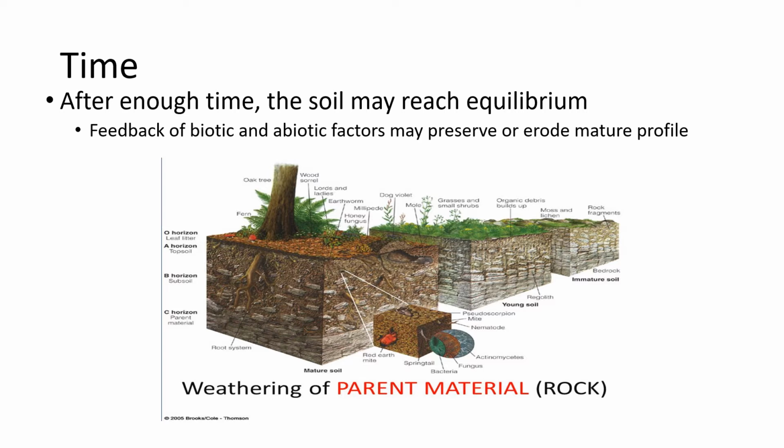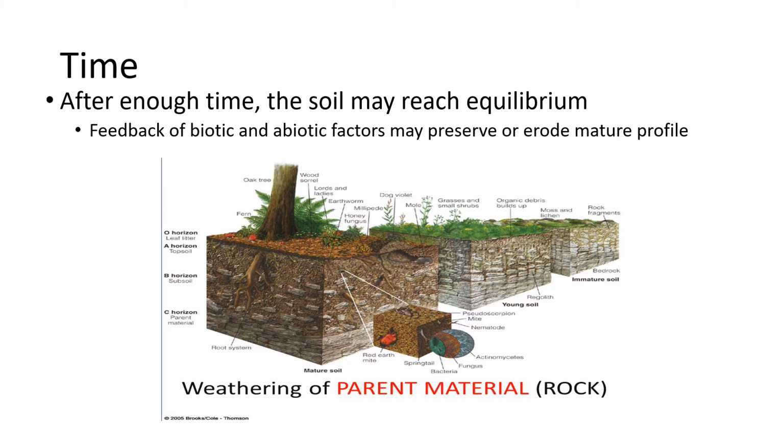And so if you look at this picture, this diagram here, in the very far back, you have this immature soil with the bedrock and rock fragments, and the moss and the lichen are going to come in and attach to those rocks and really start breaking them down.